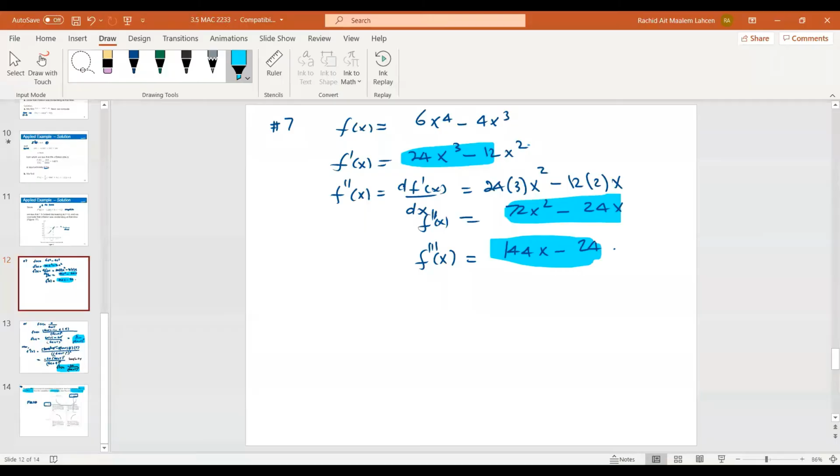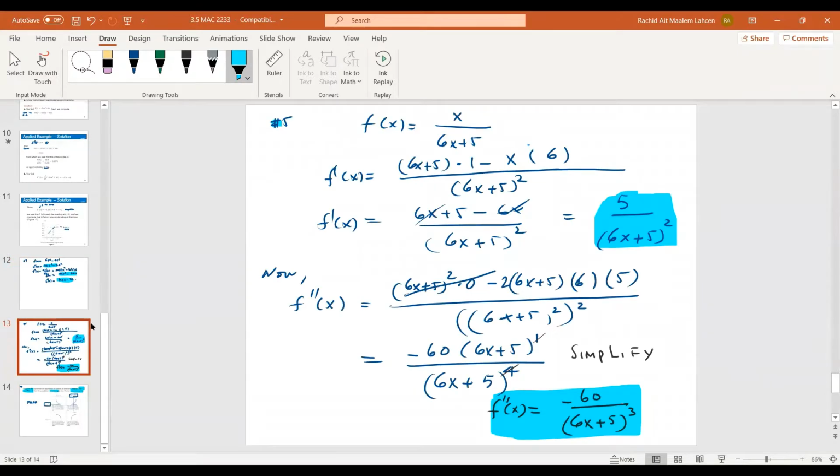All right. Yeah, so the video stopped, and now we'll try 2 more examples. Number 5, just similar way, if you had it in the past, something like this, you use the quotient rule. When you use the quotient rule, you get 5 divided by 6x plus 5 squared. Now for the second derivative, you're going to start with that, which means the denominator squared times the derivative of 5, which is the 0.